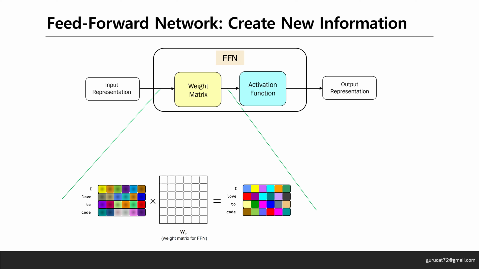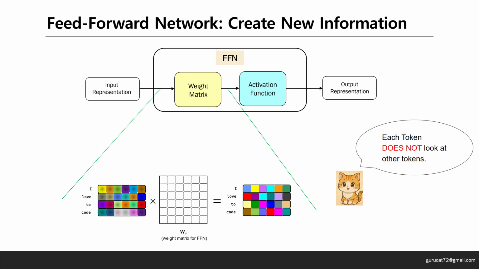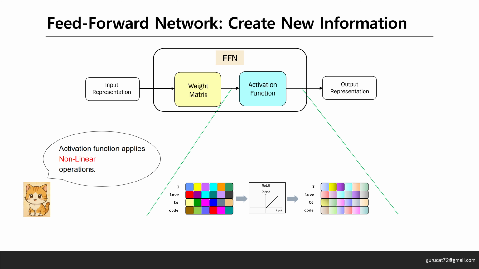Moreover, unlike attention, the FFN processes each token independently. There is no cross-token communication here. Every token gets transformed on its own, which adds depth without mixing contexts again. Finally, the FFN uses activation functions to introduce non-linearity. This is what unlocks expressive power, letting the model detect and build complex patterns beyond what linear transformations can do alone.